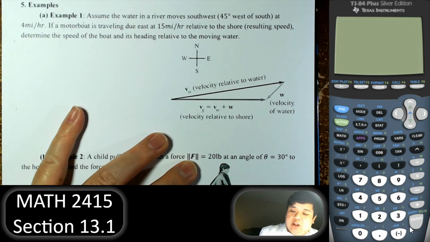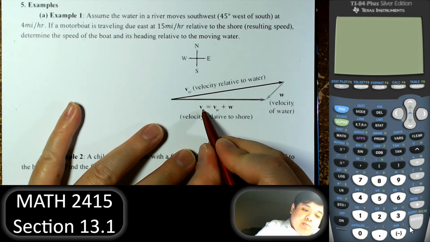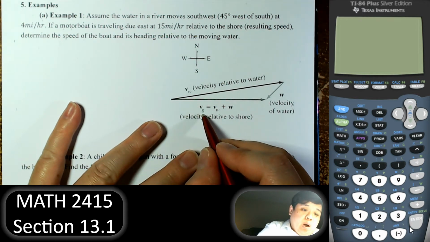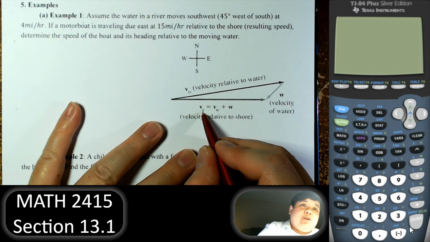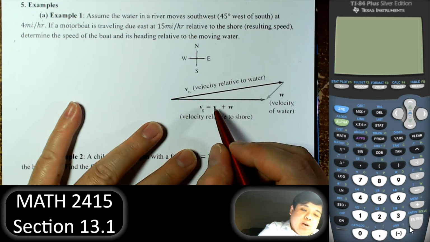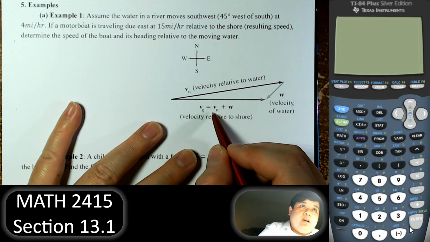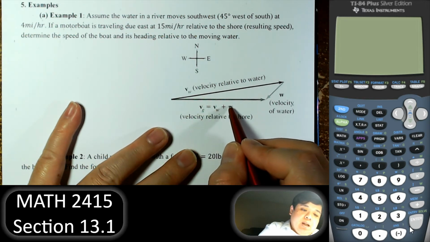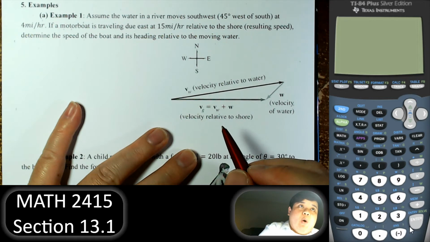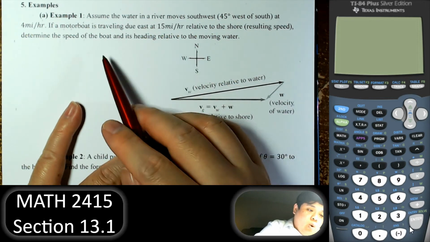So in general, the velocity with respect to the ground equals the velocity with respect to water plus the velocity of the water. So what is the question?